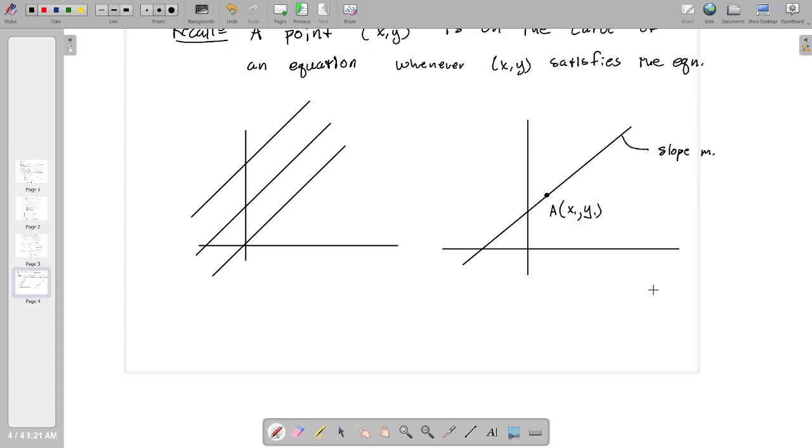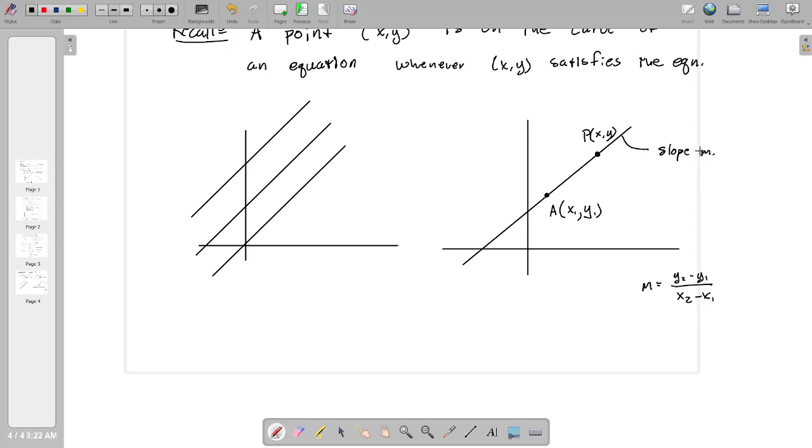Now we know that m is equal to (y2 minus y1) over (x2 minus x1). Now what I'm going to do next might be a bit hard to understand. I'm going to say that this point is on the line as well, this point P. Now I don't know what the coordinates of P are, (x, y). We just know that it is on the line.